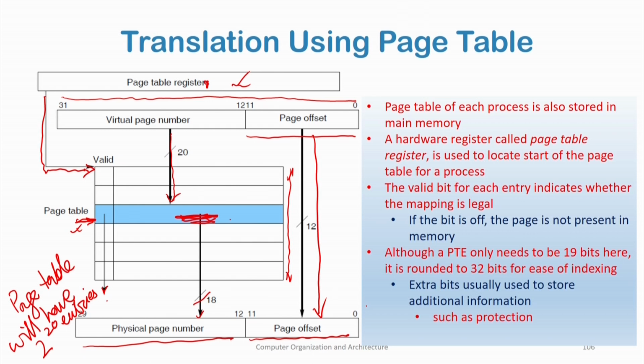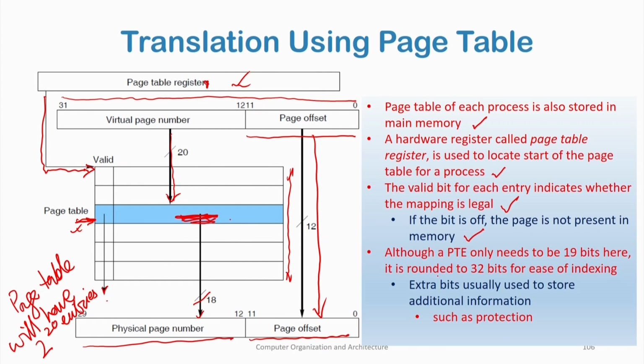The page table of each process is also stored in main memory. A hardware register called the page table register is used to locate the start of the page table for a process. The valid bit for each entry indicates whether the mapping is legal. If the bit is off, the page is not present in main memory.